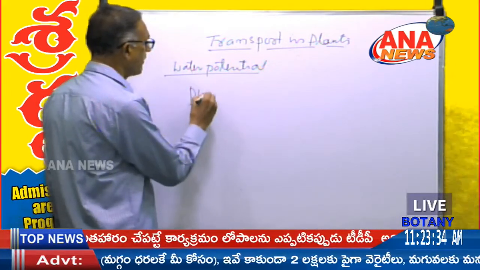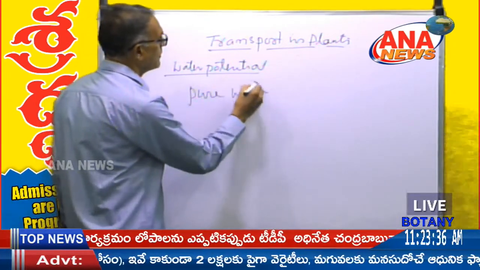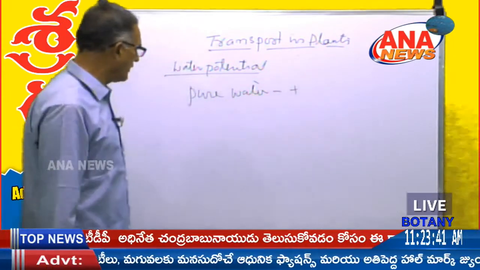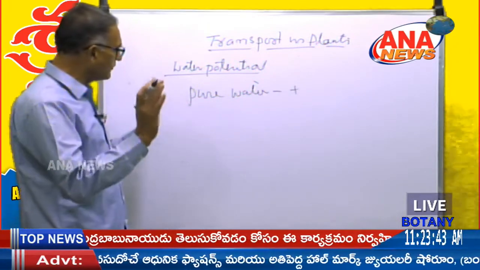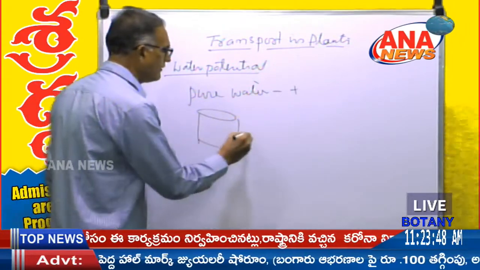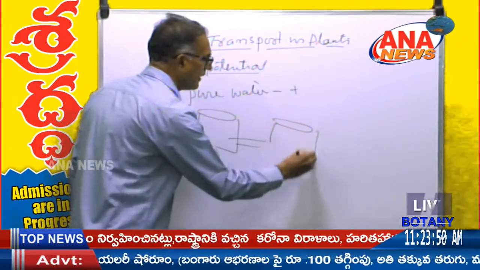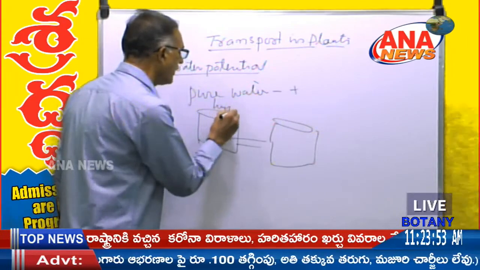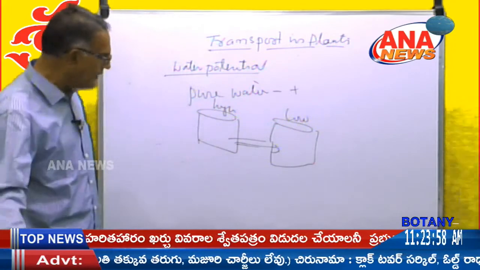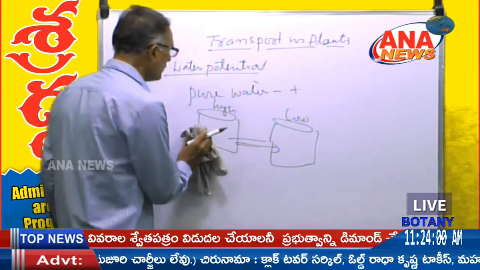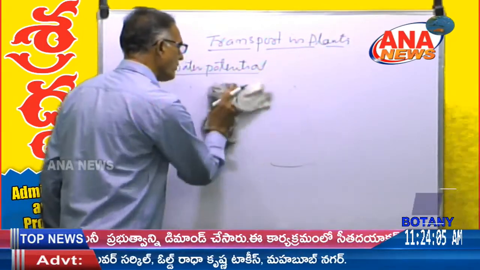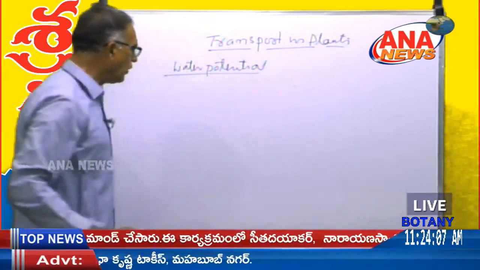When two water-containing systems are connected with one another, water always moves from the high water potential region to the low water potential region. Depending on water potential, in plants also, water moves from high water potential to low water potential.